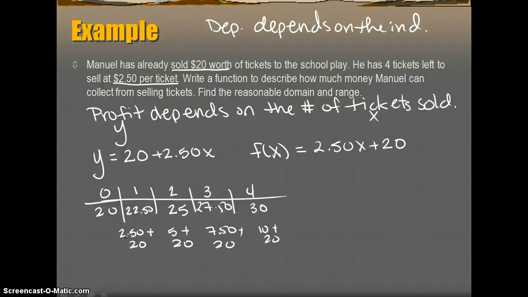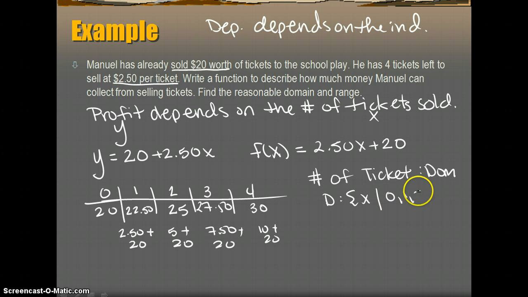This T-chart is what allows you to figure out the reasonable domain and range, being that the number of tickets sold is your domain, therefore the domain is x: 0, 1, 2, 3, and 4, while the range is the sums that would be determined by those number of tickets sold.